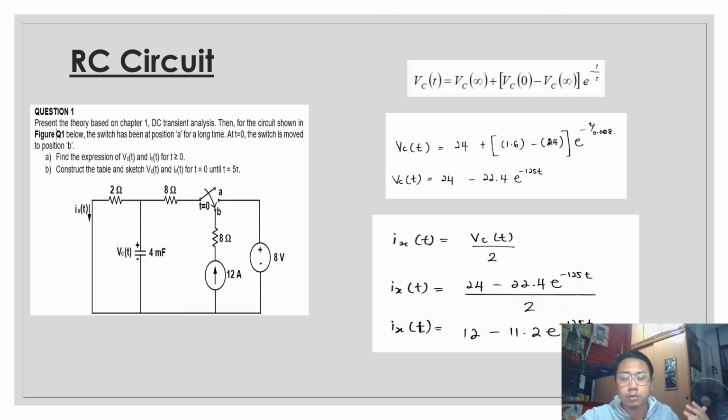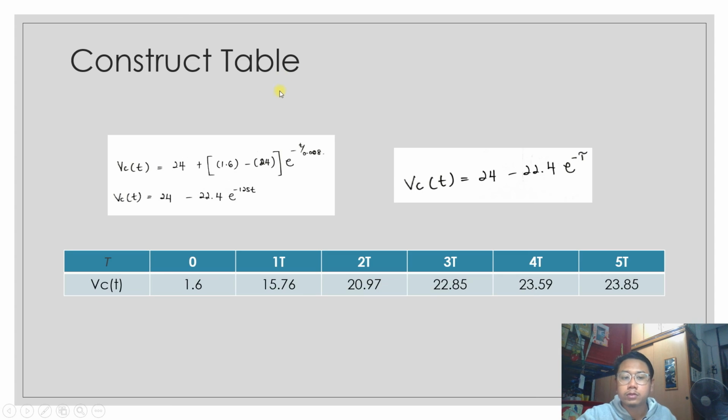So let's go to the next question, which is we need to construct the table and sketch the graph of VC(t) and Ix(t) for t equals 0 until t equals 5 tau. To construct the table of VC(t), we just use the previous equation and use a calculator to enter the value of tau, which is 0 until 5.